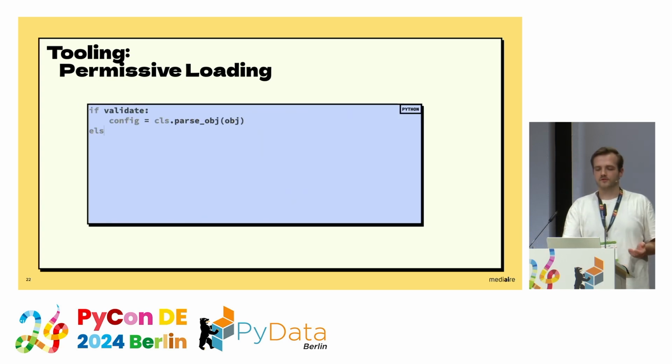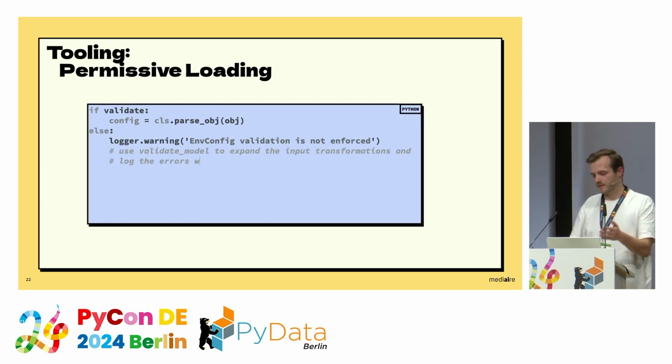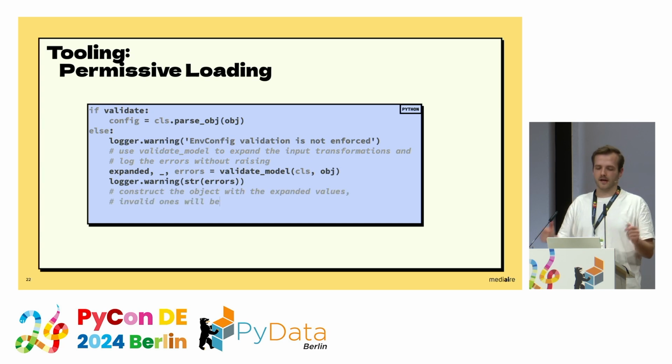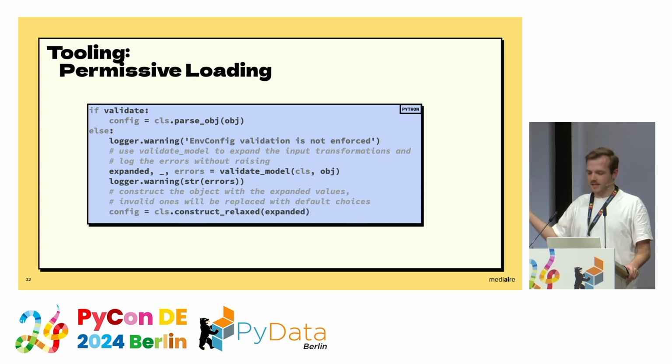So instead, we're doing a scheme where if we opt out of validation, we emit a warning and validate the model with this bespoke validate model function that gives us an expanded dictionary with all of the input transformations applied, but gives me a list of errors instead of raising them. Then I can construct the model from this object in a more relaxed way.